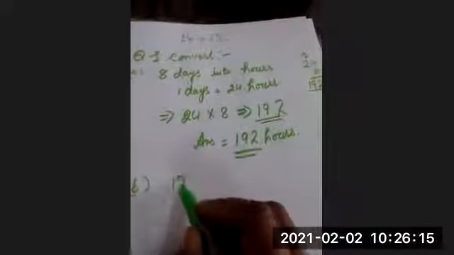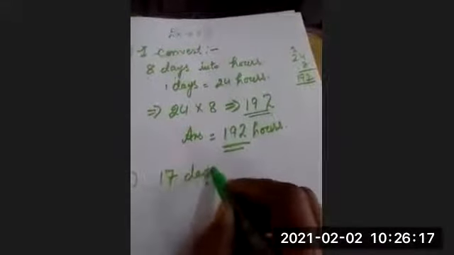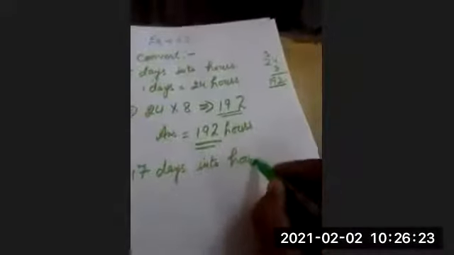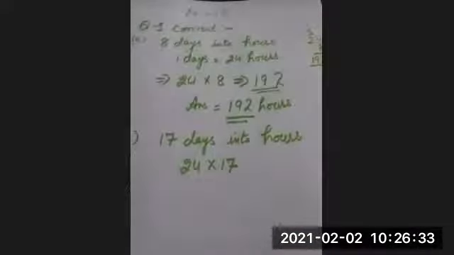Next is part B, 17 days into hours. Once again, in one day we have 24 hours, so 24 into 17. Now students, multiply and find the result. 24 into 17.